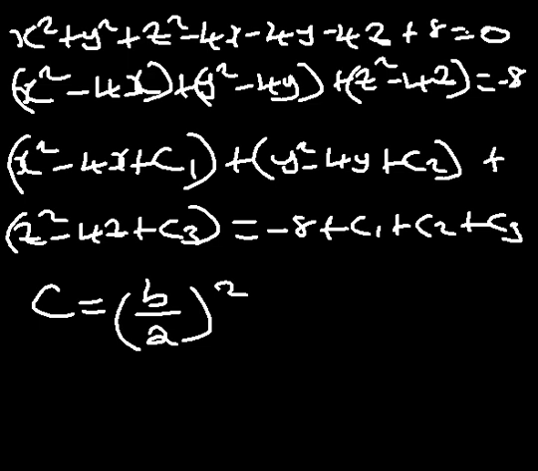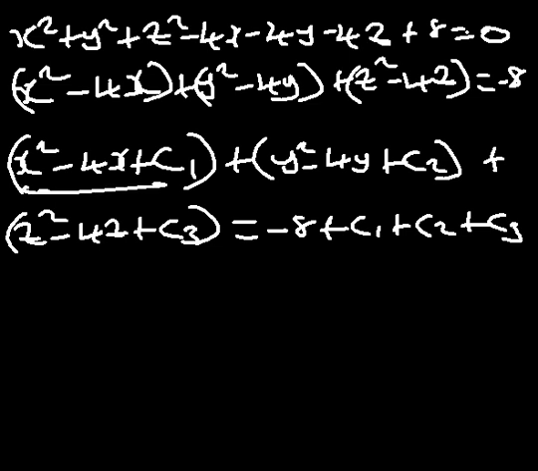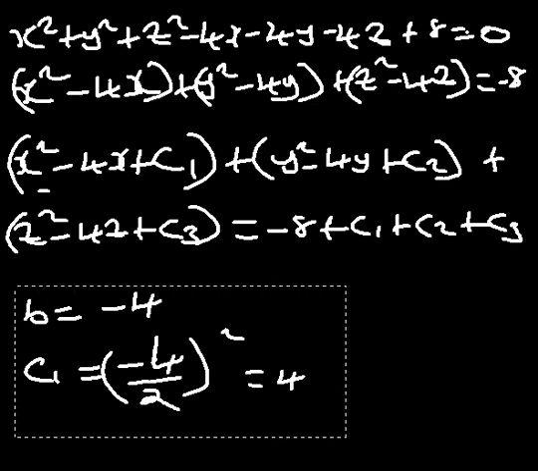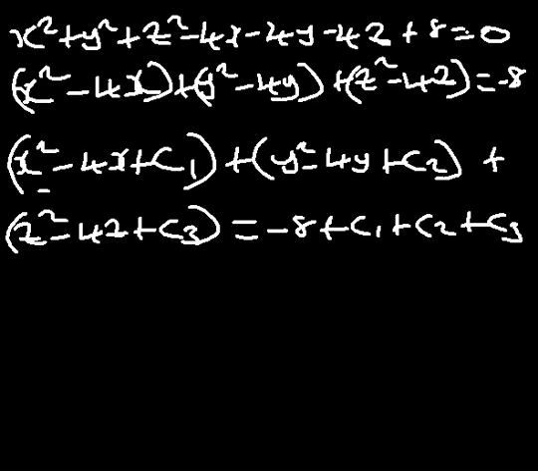That is the formula that we use if we compare with a quadratic expression. So let's start with this one. What is the value of b? We have negative 4. So c1 will be negative 4 over 2, to the power 2, which is 4. So c1 is a positive 4, and even c2 and c3 are the same, positive 4.